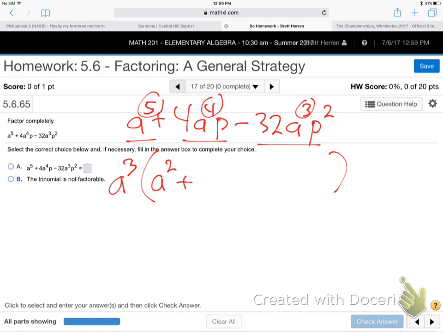A squared plus 4AP minus 32P squared, right? We good to there so far? Now you got 3 terms in there. Do the FOIL thing.